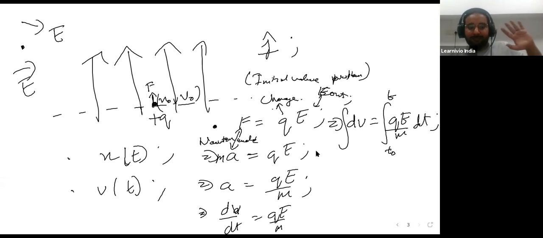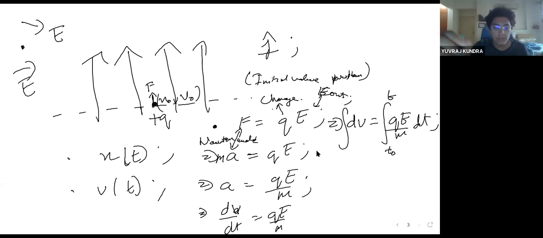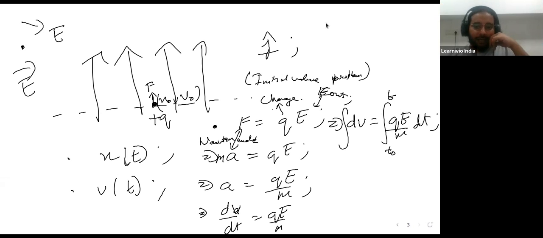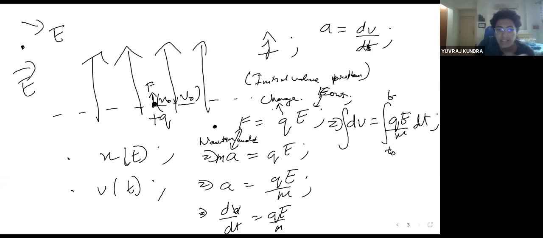No, I did not differentiate a. A is the differential of the velocity. So we wrote a in terms of v, and then when we integrate, the dt goes away.